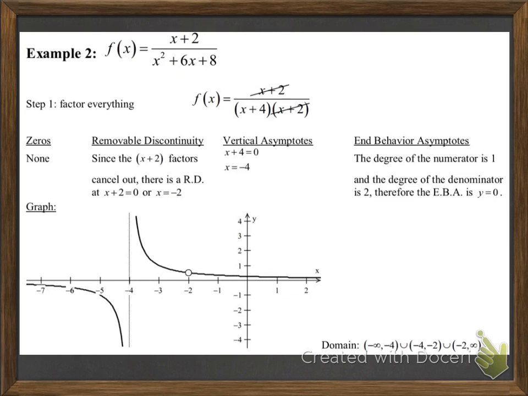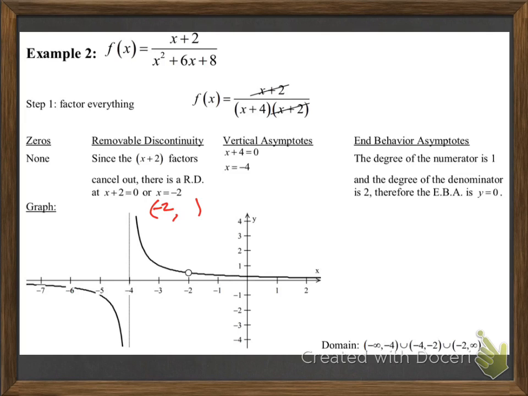Now, your removable discontinuity is really a point. It's this hole right here. And so what we need is a coordinate for that point. Well, to find the y value for that coordinate, what we need to do then is take this -2 and plug it back into the reduced fraction here.